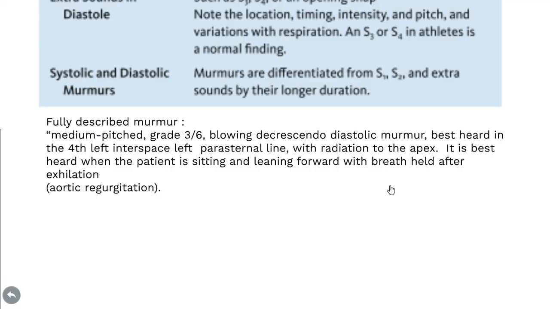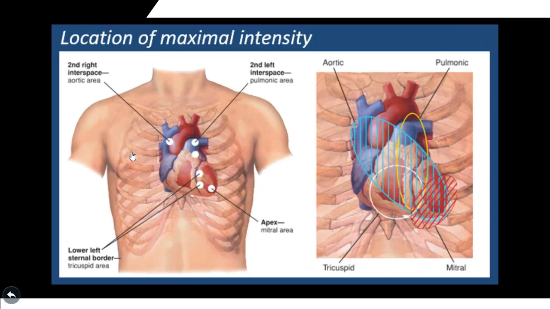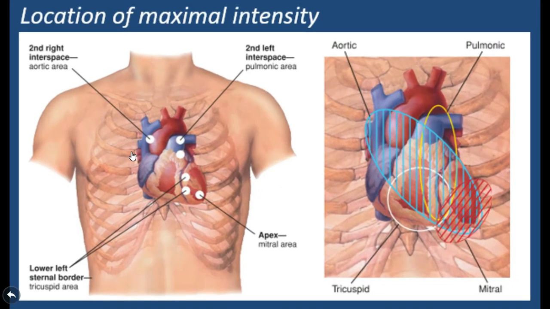Okay, we already finished with the timing of murmur. So next is the location. A murmur may be best heard in the fourth left interspace, left parasternal line. So this refers to the location of maximal intensity. So aortic area, pulmonic area.